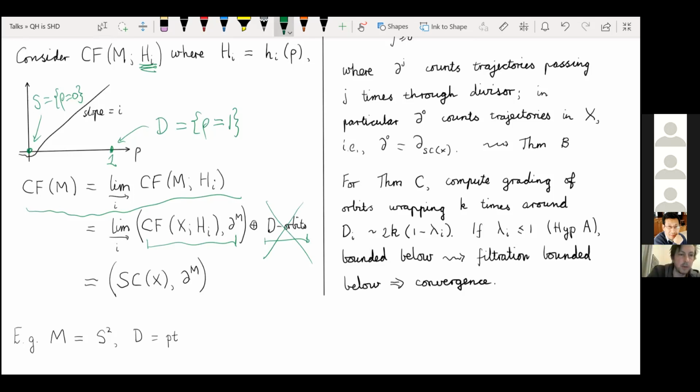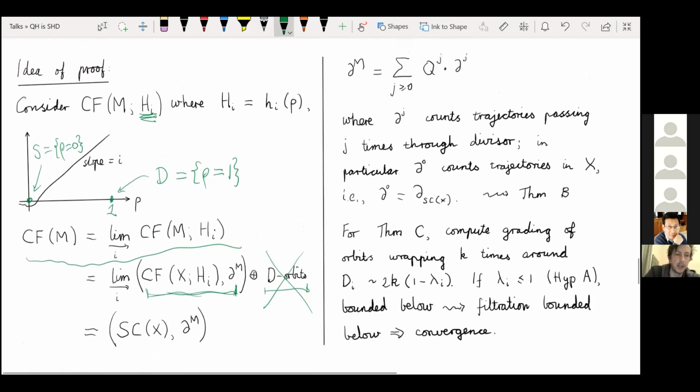And then you end up with just this bit of the complex left over here, which comes from orbits of Hamiltonians inside X. The only thing is that the differential counts Floer trajectories which are allowed to pass through the divisor.